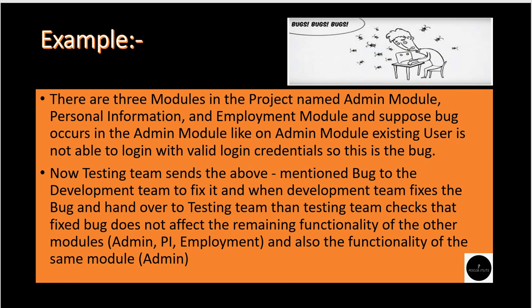And when the development team fixes the bug and hands it over to the testing team, the testing team checks that the fixed bug does not affect the remaining functionality of the other modules, that is personal information and employment module, and also the functionality of the same module, which is admin.